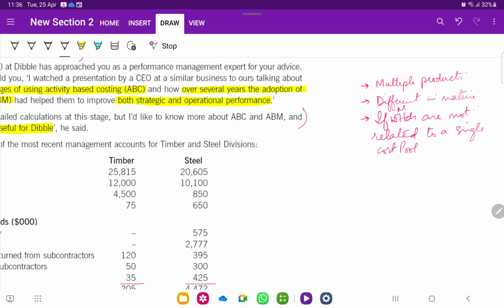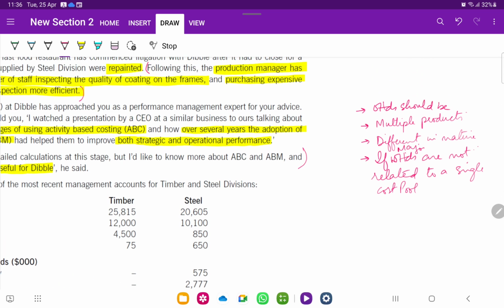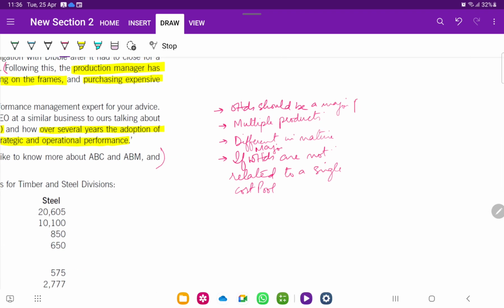If major overheads, right, for example 80% 90% overheads are related to one single cost pool, it's useless to use ABC. And there's one more thing, overhead should be a major portion of total overhead. This is something which we have already discussed in the previous video, the introductory video, right? So these are a few things which are important.